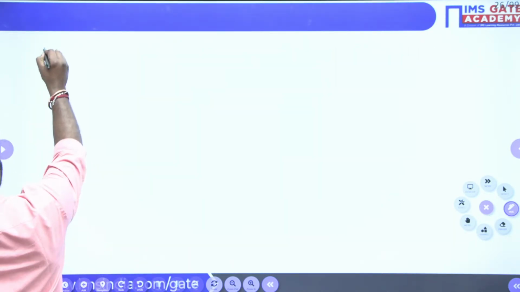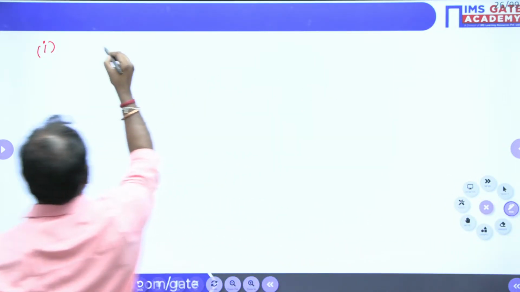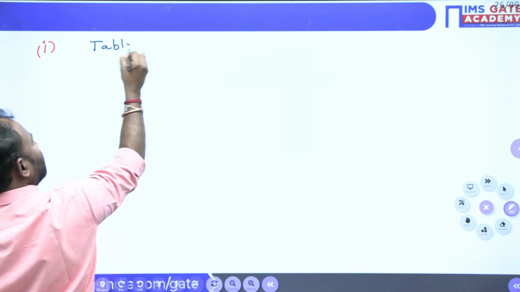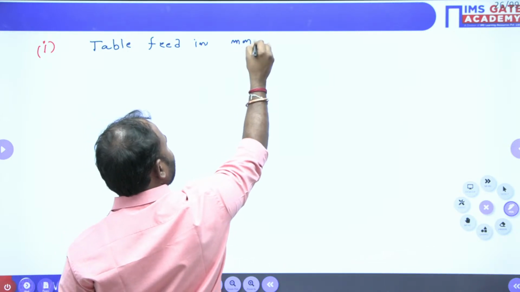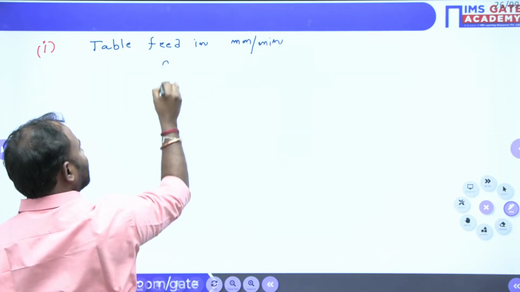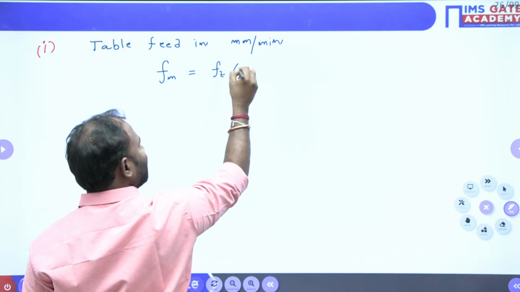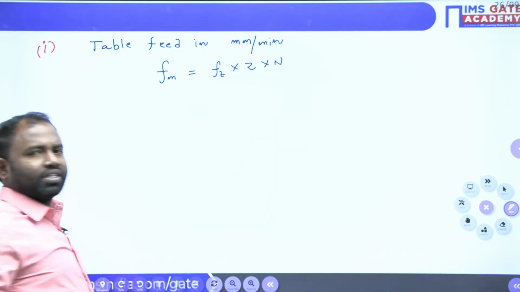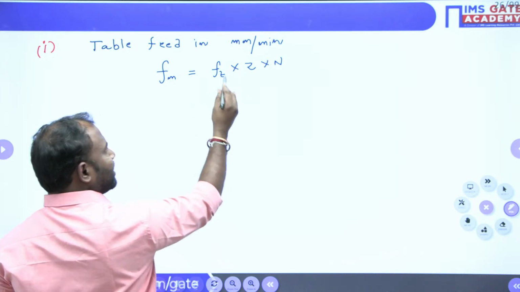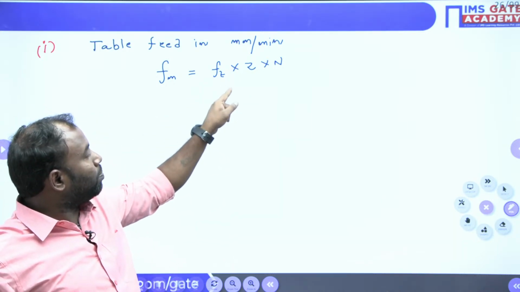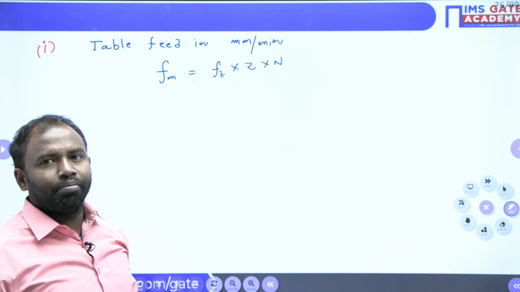The table feed FM is equal to FT into number of teeth into N. We don't know N. If you check the units, feed per tooth is mm per tooth per revolution. The tooth cancels with the number of teeth, the revolution cancels with the N in revolutions per minute, so that you will get mm per minute.